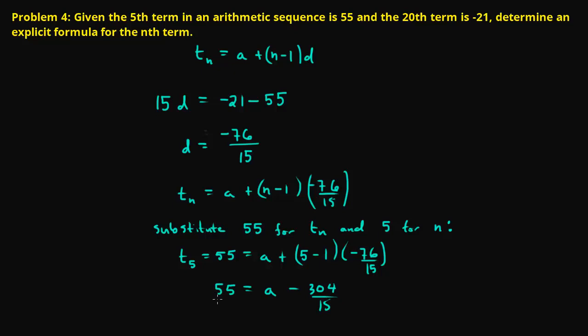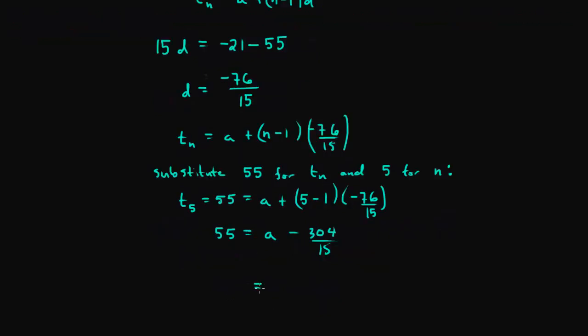Thus a is equal to 55 plus 304 over 15, which is equal to 1,129 over 15. So we have that a is equivalent to 1,129 over 15.